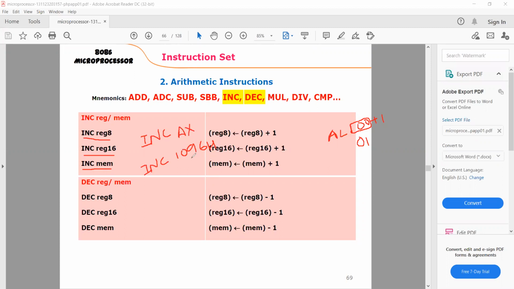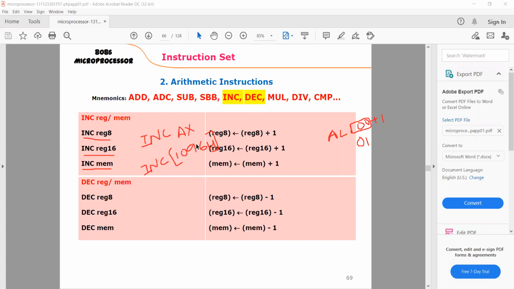If we specify it like this, does this indicate a memory location? This does not indicate a memory location. Why? Because when we are trying to specify a memory location, we have to indicate it in brackets. Then only the microprocessor understands this as a memory location.